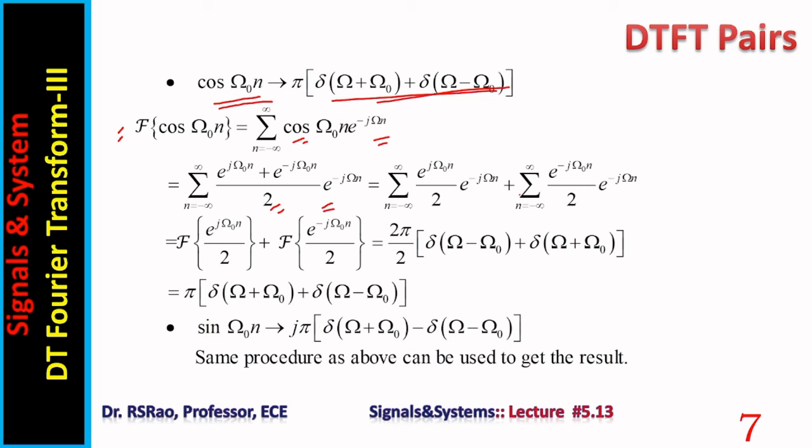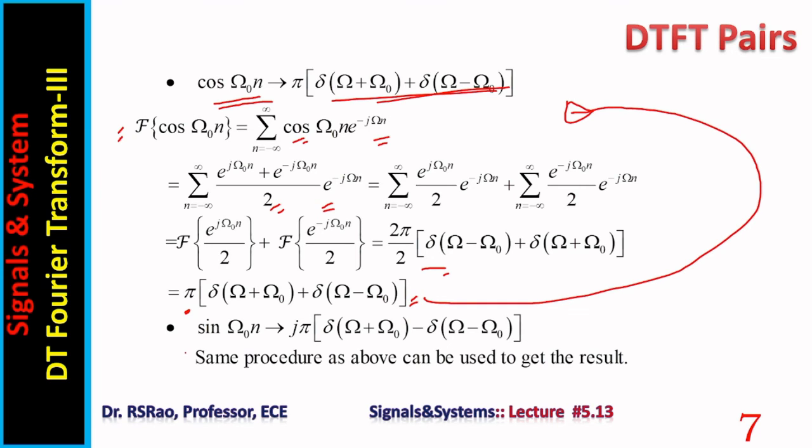After a little bit of manipulation, one can see that it is equal to transform of e power j omega naught n by 2 plus transform of e power minus j omega naught n by 2. Of course, then it becomes equal to pi times delta omega plus omega naught plus delta omega minus omega naught.